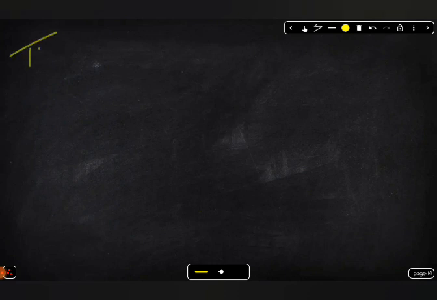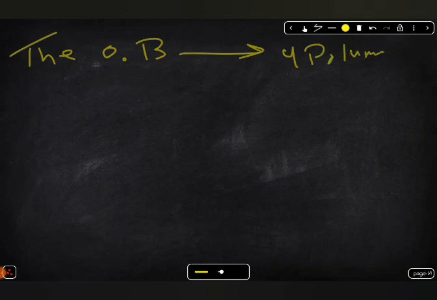The oxygenated blood will go to the 4 pulmonary veins.